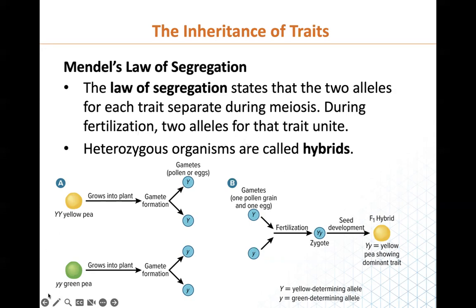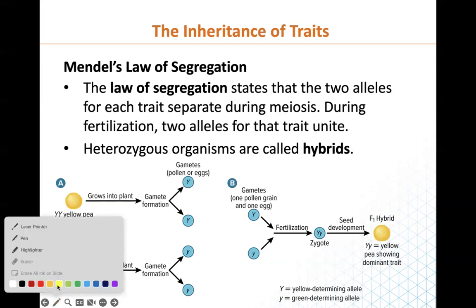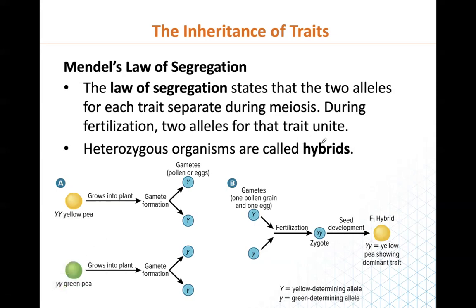So let's say, for example, as we can see here, we have two alleles for a trait, which is yellow, which is color. So these two alleles code for yellow color.